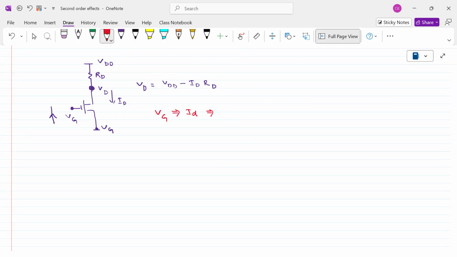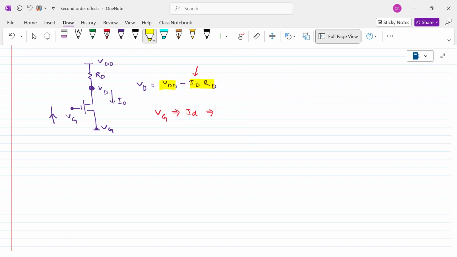In this expression, this value is increasing. Minus ID is increasing. So what is the result for VD? This term is subtracted, so it is increasing on the negative side. That means the overall VD value will decrease, right?